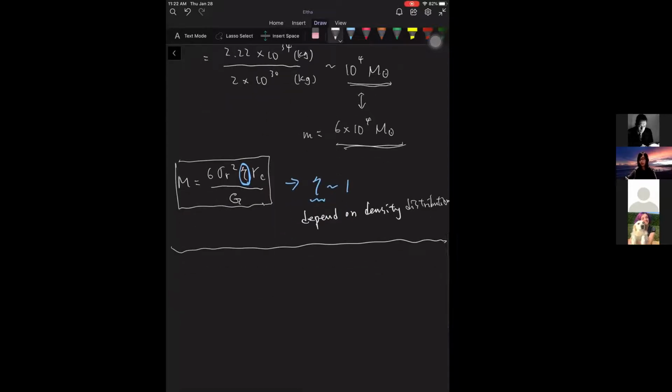The second part is about the conversion between density distribution and the gravitational potential, rho and phi. Okay, so this is density, and this is the gravitational potential.